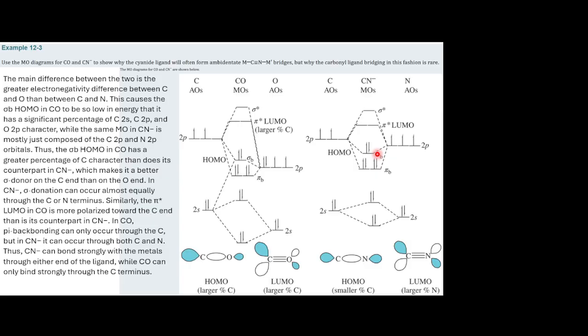And so this one's going to be much easier to do ambidentate with, because you can do either one fairly easily. On the other hand, the oxygen here is going to be very, very difficult to pull electrons from. It doesn't have the higher energy electrons to work with. It has the low energy ones. Did anybody get confused and get lost?